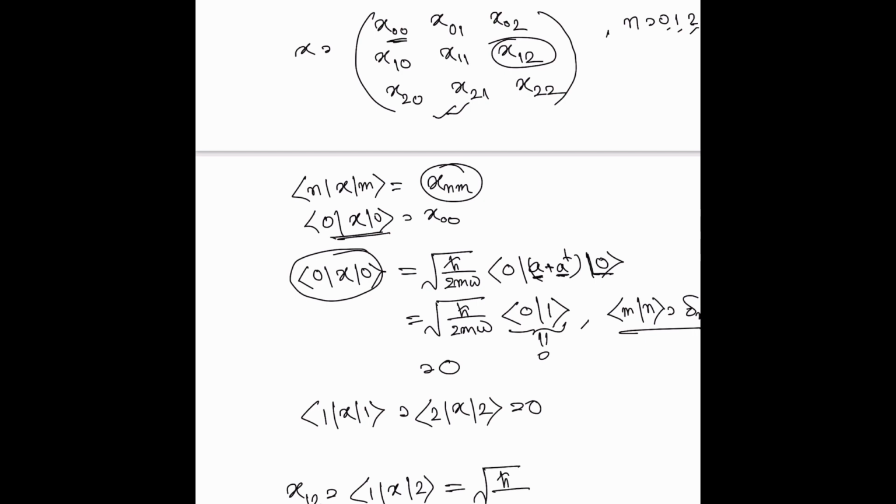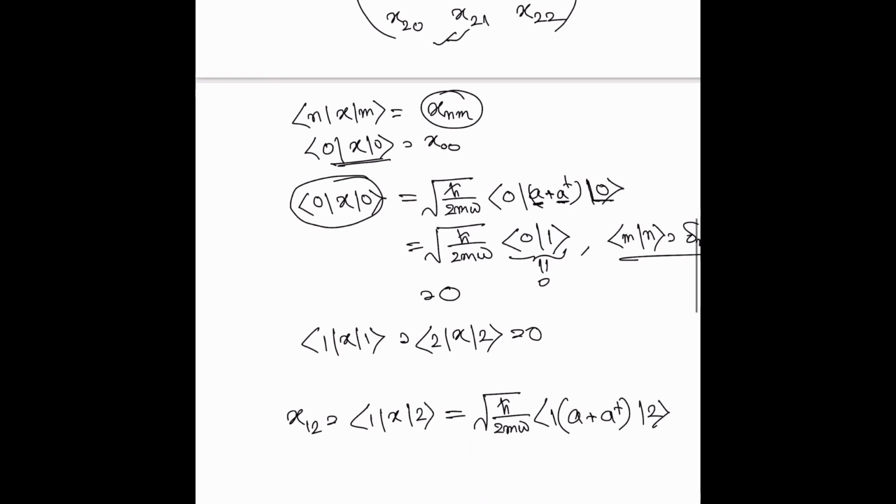So x12 is <1| and |2>, and this is given by h bar by twice m omega, the constant part, <1| a plus a dagger |2>. So this will give us the constant, and a acting on this state will give us root 2 and the state 1, plus a dagger acting on this will give us some constant into the state 3.